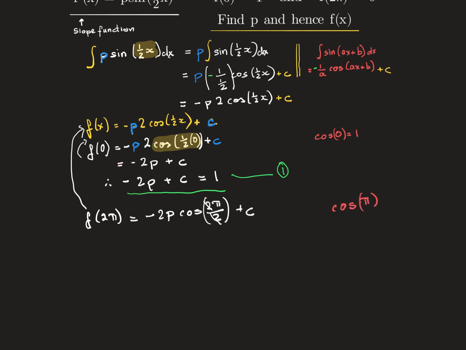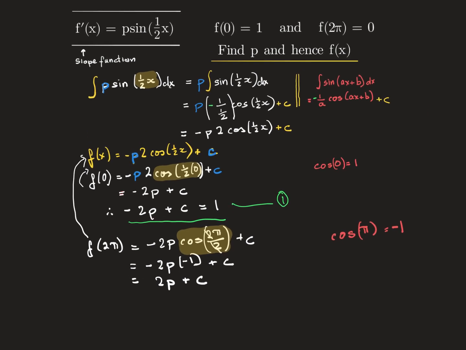And cos pi is equal to negative 1. So we'll just substitute minus 2p times negative 1 plus c. And that's short for 2p plus c. And if we look up, we remember that this was supposed to be 0. So we'll write it again. Therefore, 2p plus c is equal to 0. And that is our second equation.